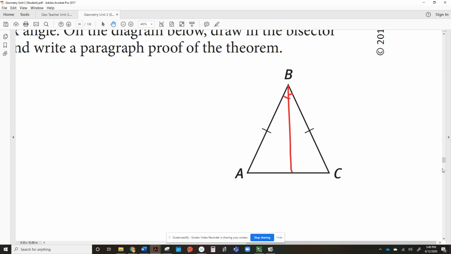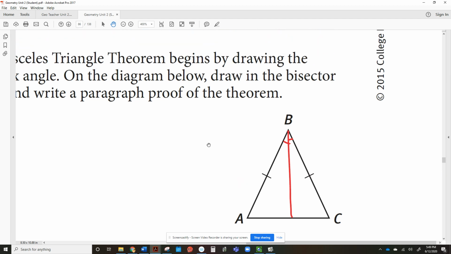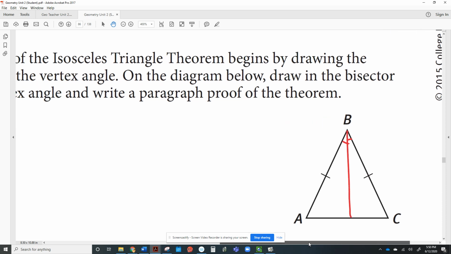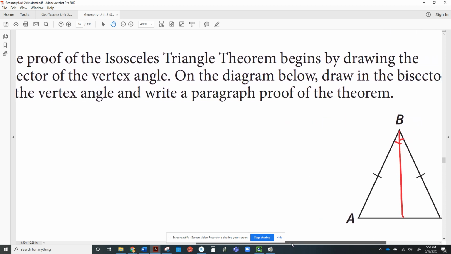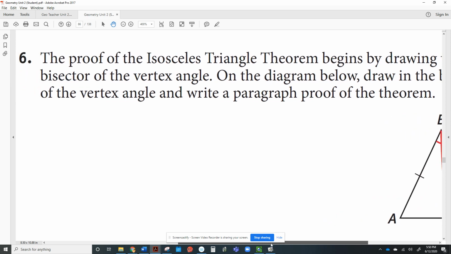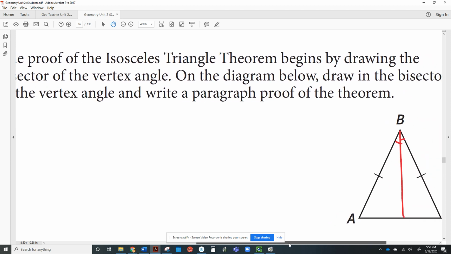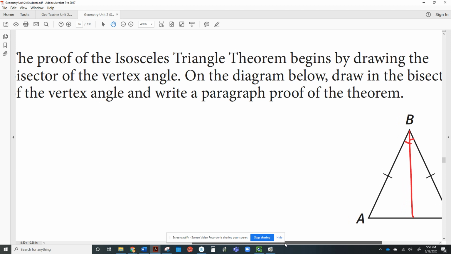And now we are doing a proof. The proof of the isosceles triangle theorem begins by drawing the bisector, and it says write a paragraph proof.